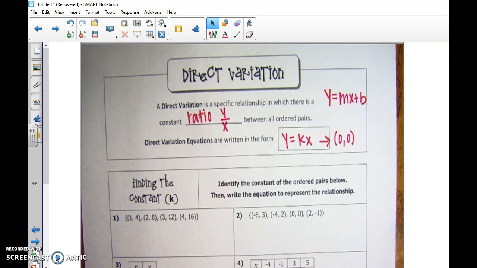I'm going to do some examples of these for you. I'll make sure I do a few where we would be able to say that there's a direct variation, and then also some where we would not be able to say that it's a direct variation.